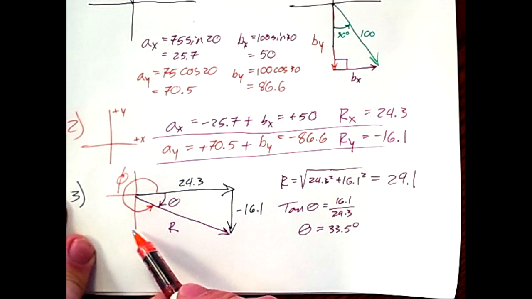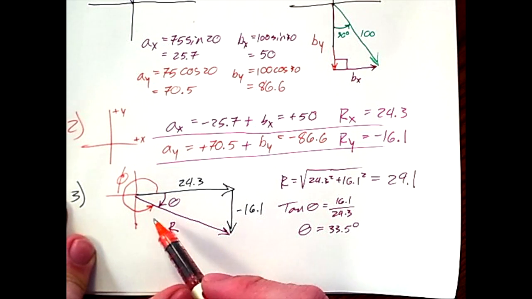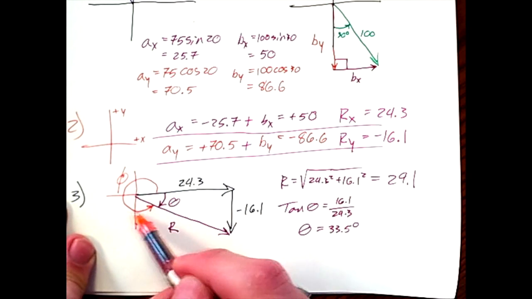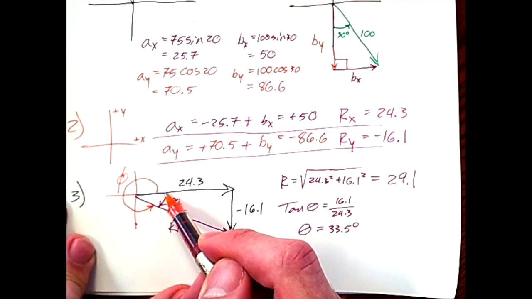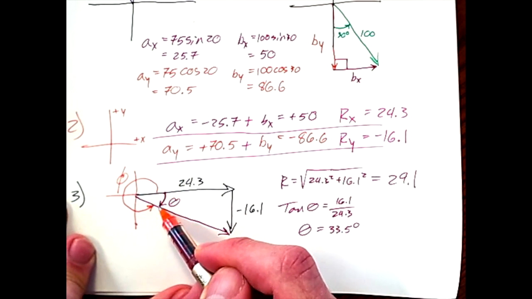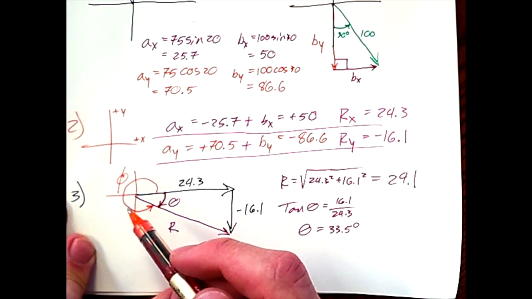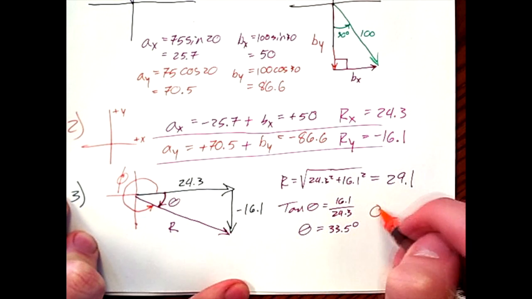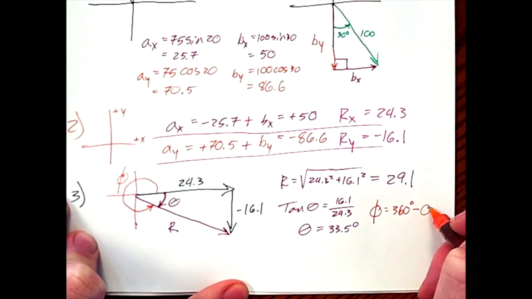One is to think about it as 270 plus 90 minus theta, whatever this space is here. Another way to think about it is if I took this all the way around, I'd be at 360 degrees. So if I take 360 degrees and go back theta degrees, then I have phi, right? And so in other words, phi is 360 degrees minus theta.